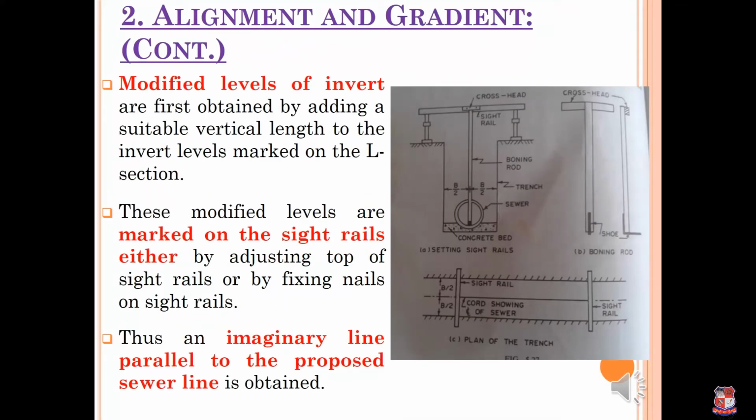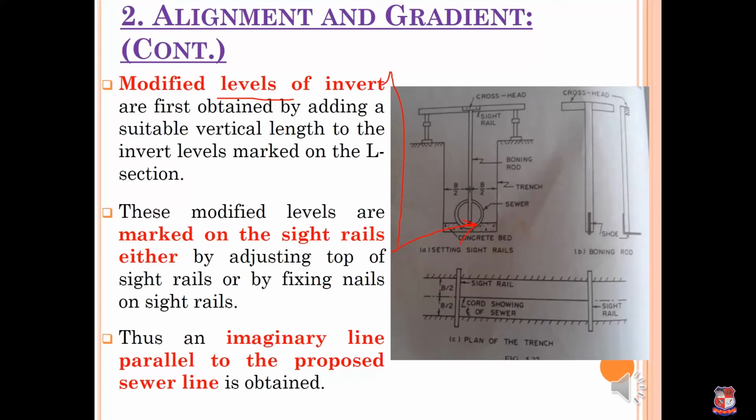So for doing this alignment and gradient, modified levels of invert, because you are knowing the invert level as it is mentioned in your particular drawing. So basically this bottom of the sewer, that is generally termed as invert level.